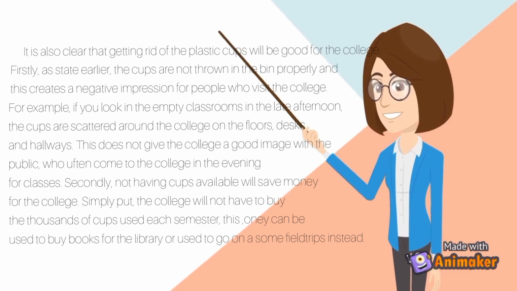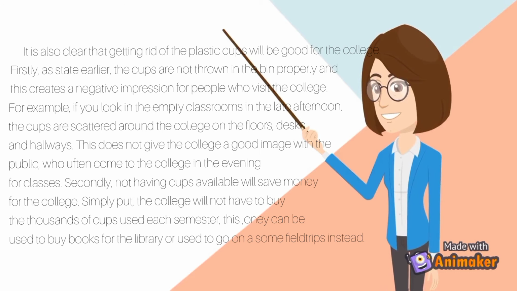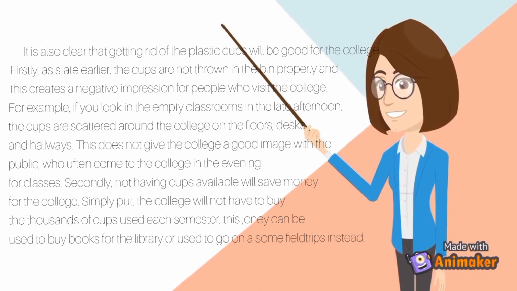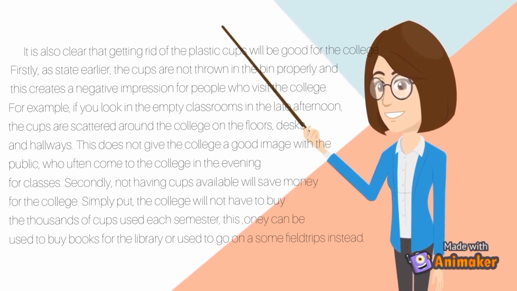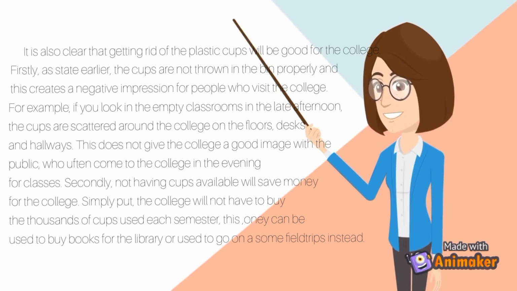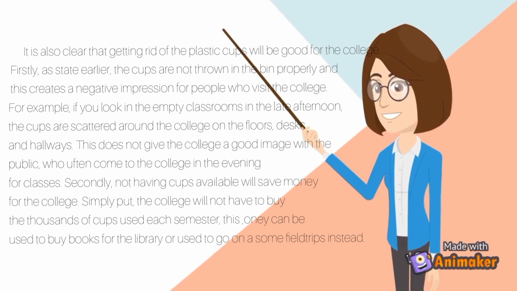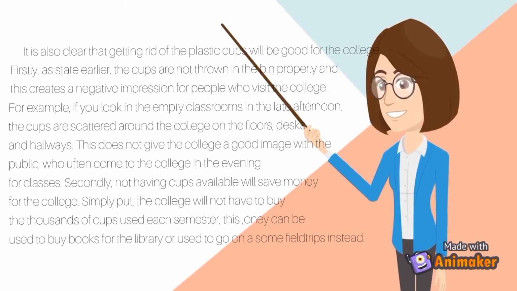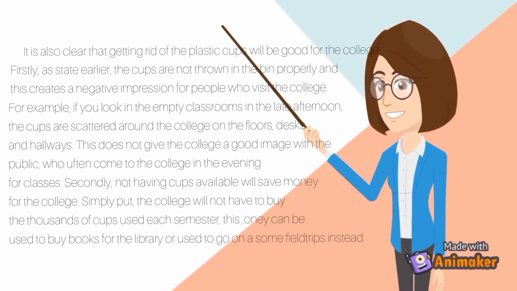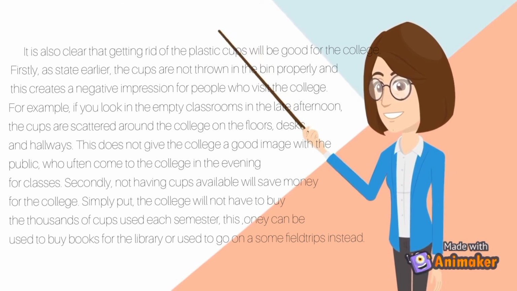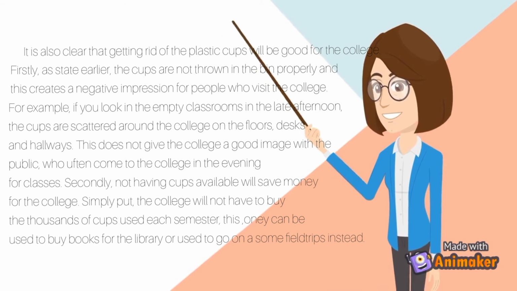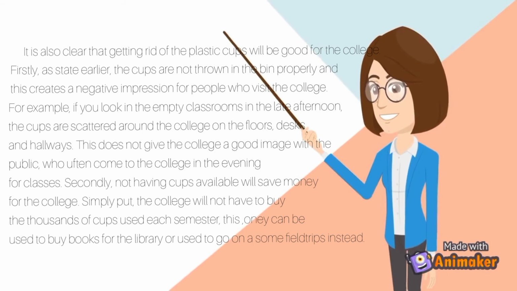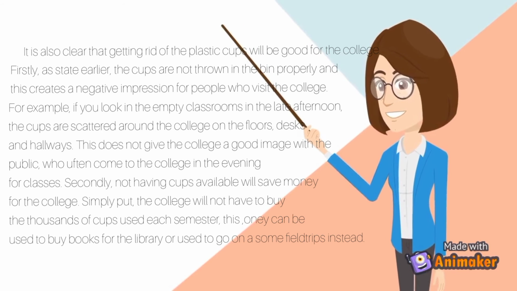This does not give the college a good image with the public, who often come to the college in the evening for classes. Secondly, not having cups available will save money for the college. Simply put, the college will not have to buy the thousands of cups used each semester. This money can be used to buy books for the library or to go on some field trips instead.